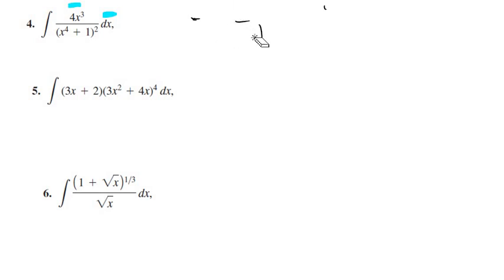What we do here is we take u equals x to the power 4 plus 1, and then du over dx is equal to 4x to the power 3. So du is equal to 4x to the power cubed, not squared, cubed dx.